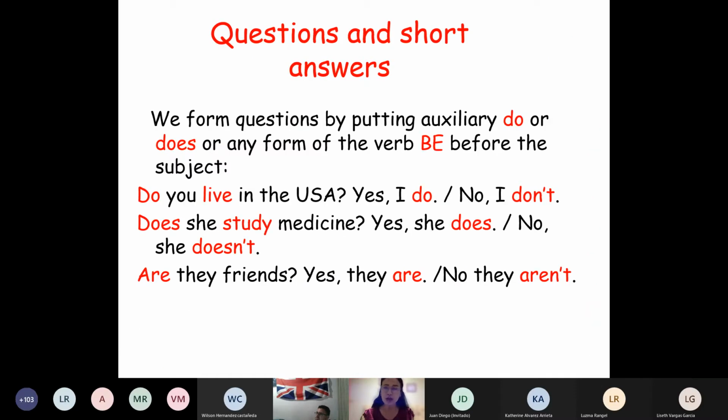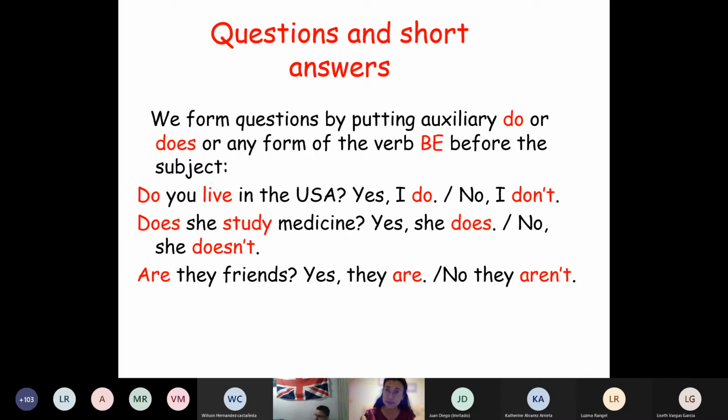What happens when you have questions? When you are going to ask questions, you also use do or does. Do you is the question. Do you live in the USA? And the answer can be yes, I do, or no, I don't.